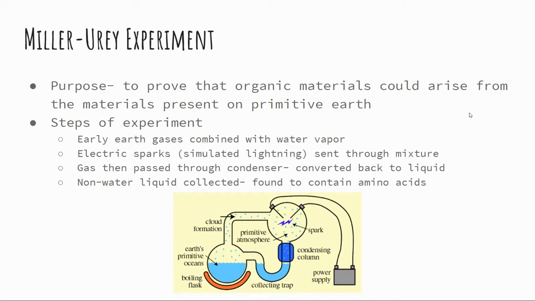The electric sparks, of course, simulated lightning. The gas then passed through a condenser, which simulated the cooling of the Earth, and non-water liquid was collected as it was cooling in this condenser. This liquid was found to contain amino acids, which of course are the building blocks for proteins, which are going to be the building blocks for life.